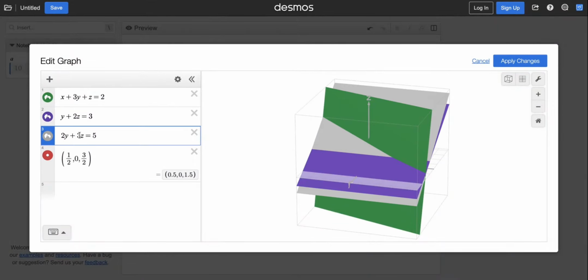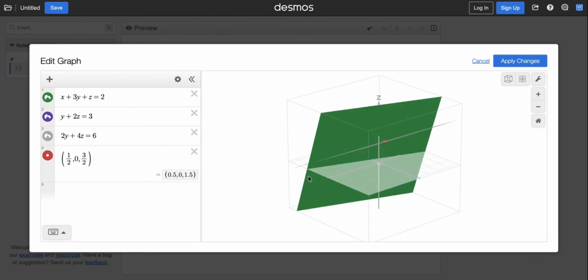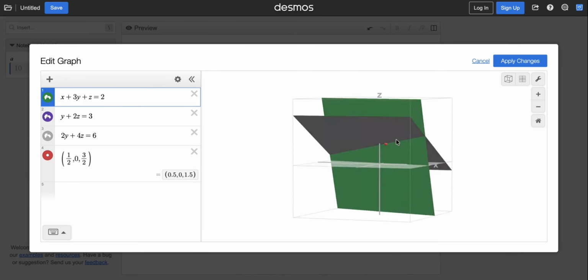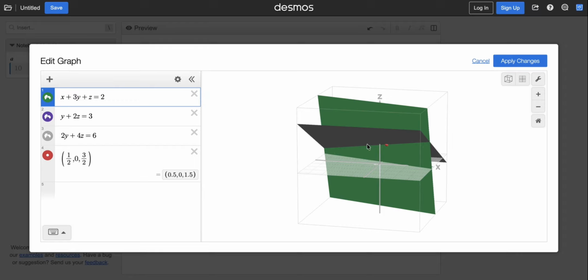These are the same plane, so they would have infinitely many solutions. So this is one example where you just have the exact same plane, and therefore there are going to be infinitely many solutions, which you can think about as this line right over here. So the solution to this system of linear equations is just going to be this line, right?